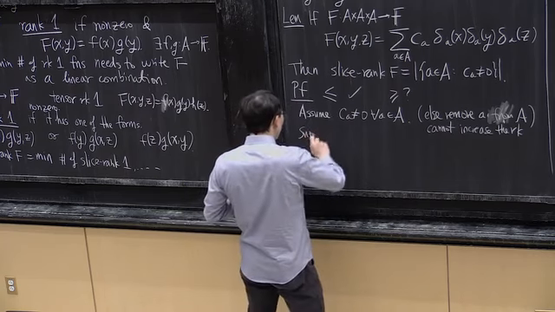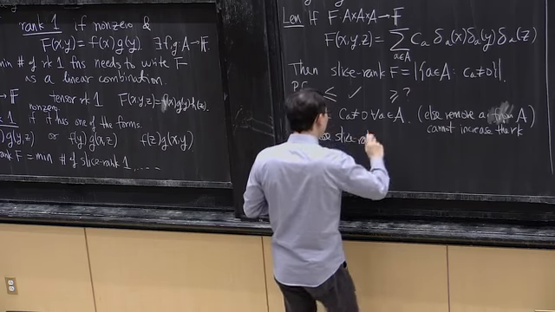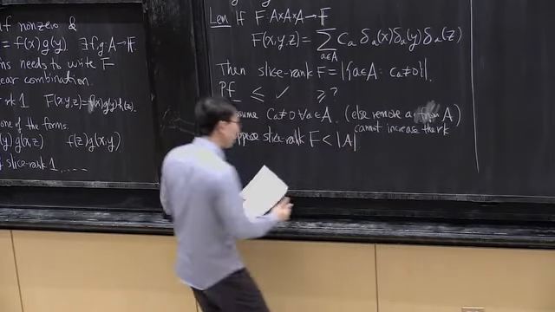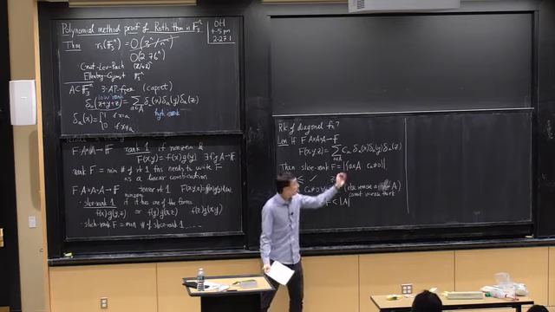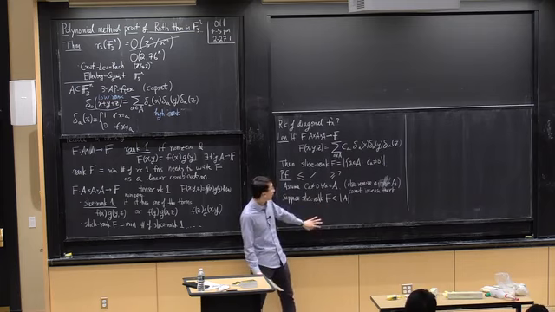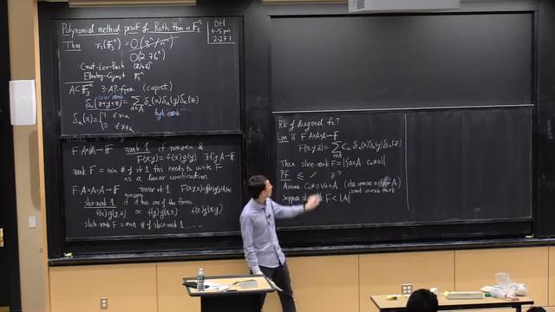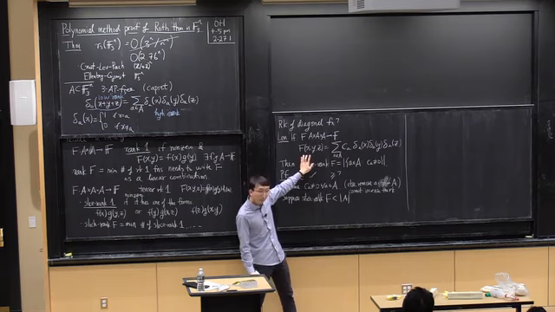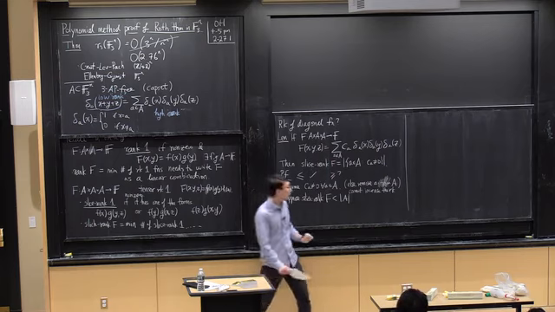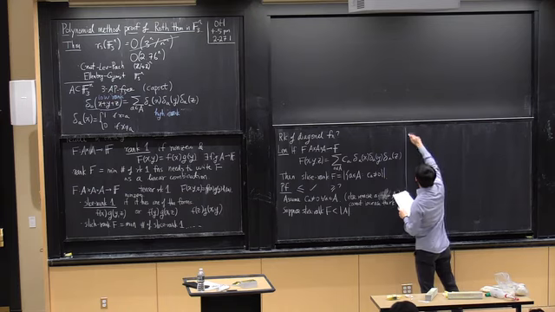Okay, now, so suppose the slice rank of f is strictly less than the size of A, so all these C_A are non-zero. So suppose for contradiction that there's some different way to write function f that uses fewer terms. Okay, so what would such a sum look like?